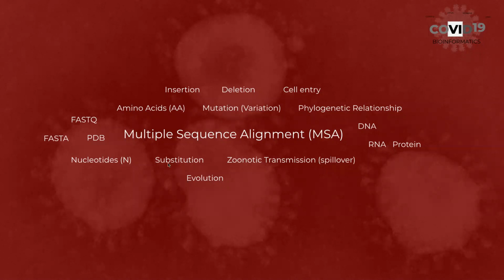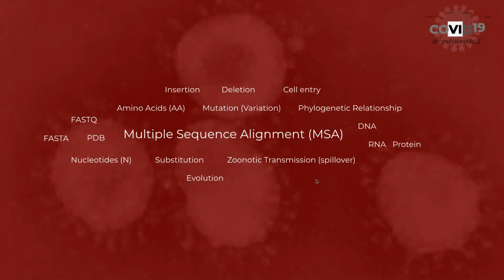There's substitutions, insertions, and deletions, which are various types of polymorphisms that can occur with nucleotides. There's amino acids, which are going to be the product of translation. Obviously, there's mutations, which are variations that occur.